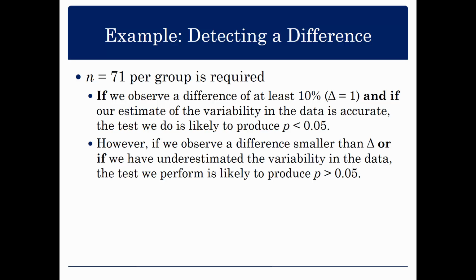The reason it's not guaranteed is because of something called sampling variability. However, if we observe a difference smaller than that 10%, or if maybe one of our assumptions that led to that calculation of the required sample size is way off, we might actually be underpowered. And then we're likely to produce a p-value that's larger than that.